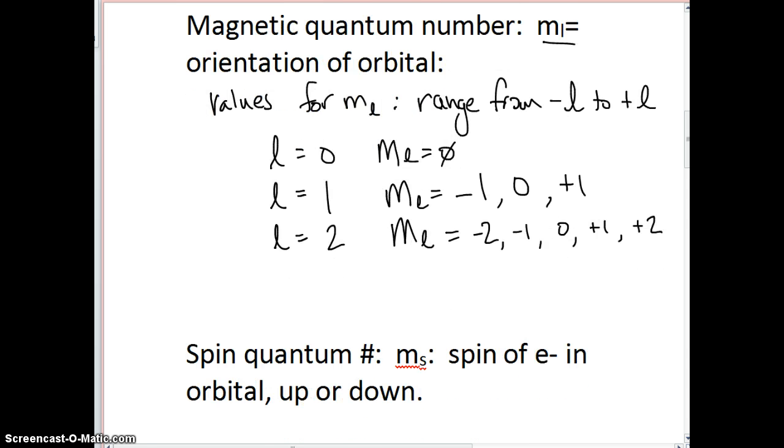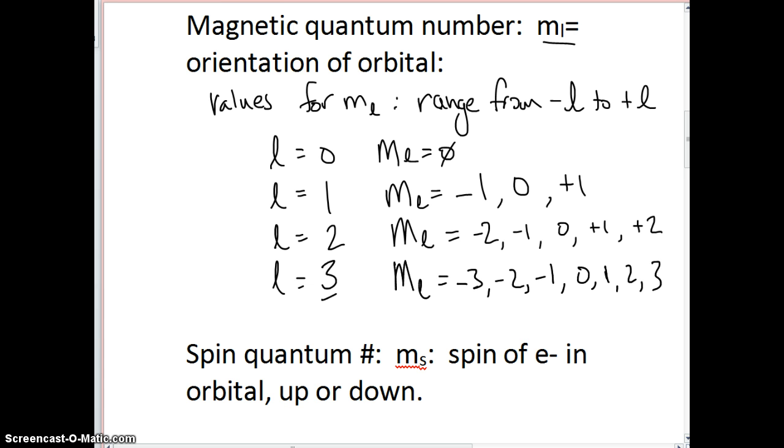That's the range of 2. Oops, I'm sorry, that should be f, but I'm thinking the orbital rather than the number. It's actually 3, so we can see that m sub l is equal to -3, -2, -1, 0, 1, 2, and 3, and there's our range of 3.